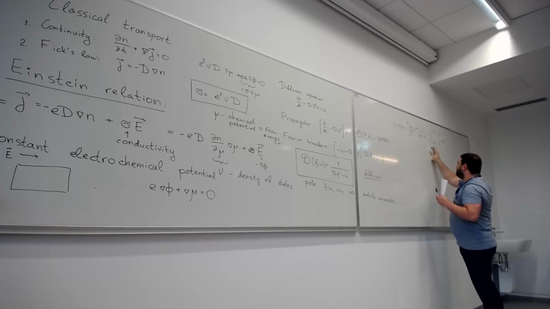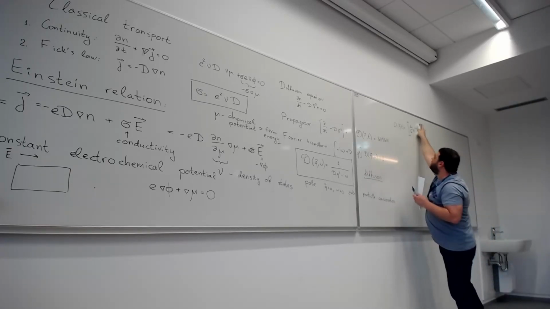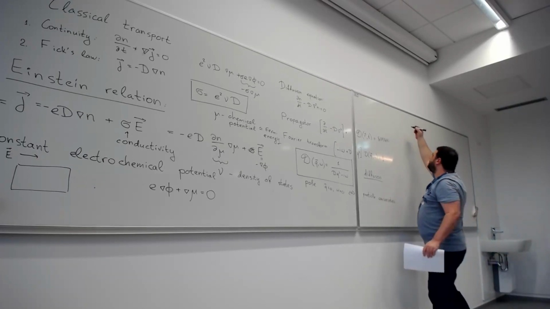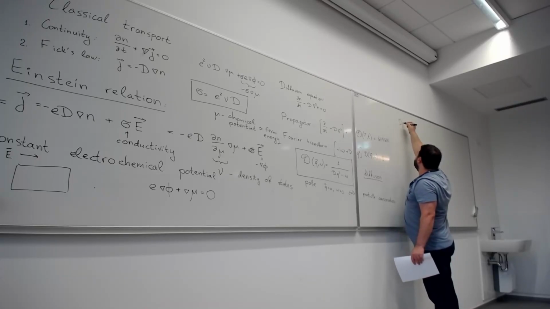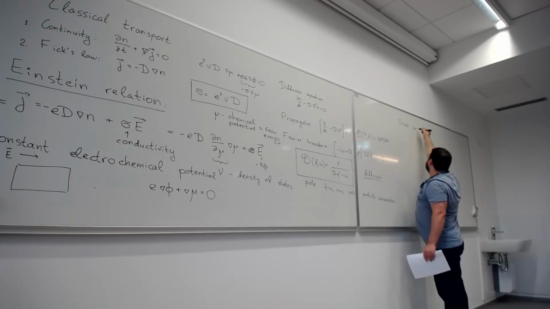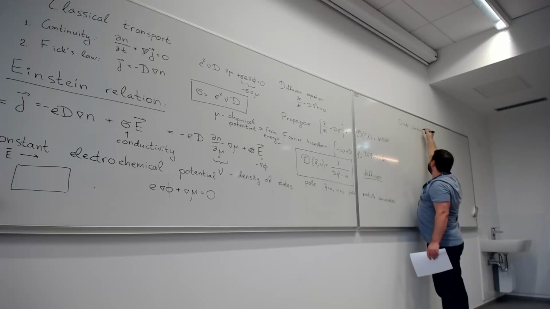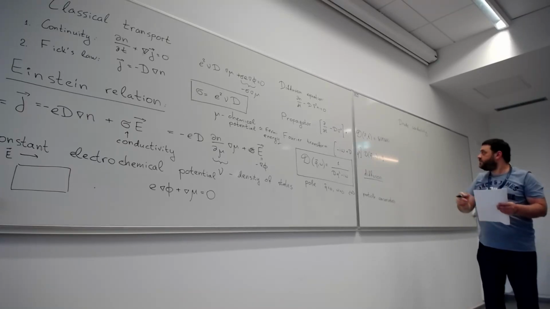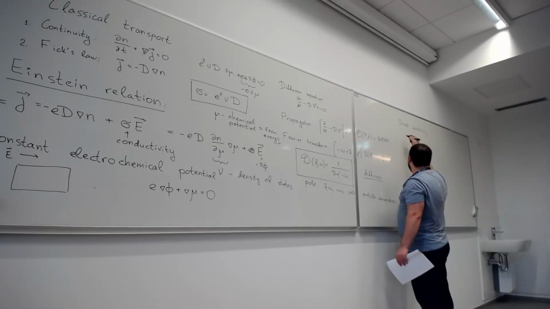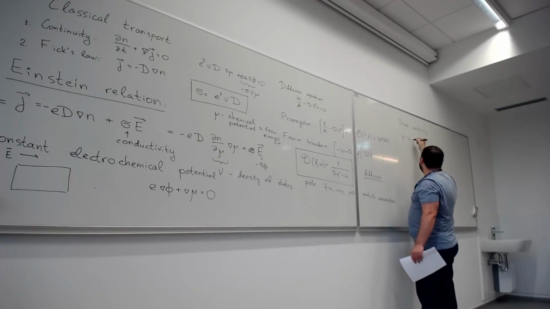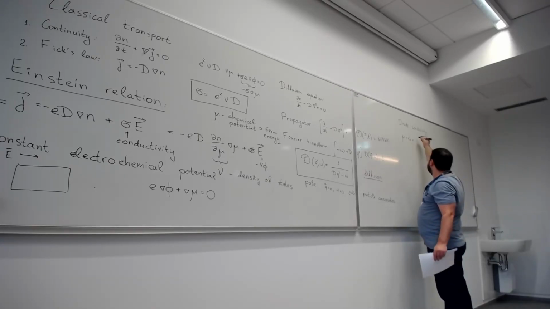So the next topic is called Drude conductivity. For the simplest situation, the chemical potential is the same as the Fermi energy, and is just Fermi momentum squared over 2m.